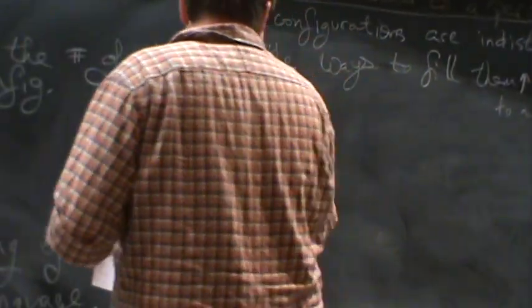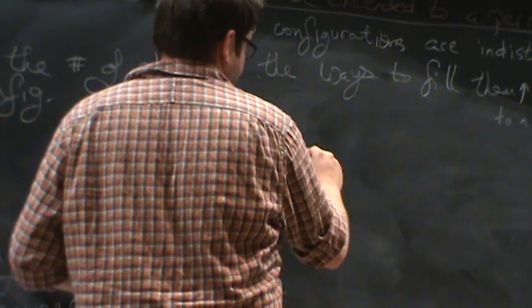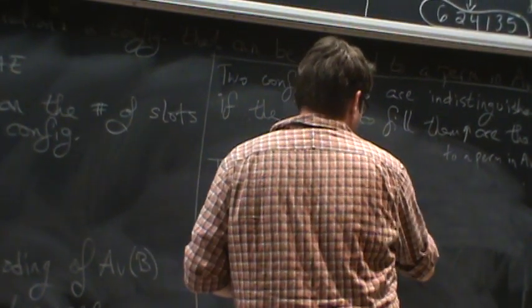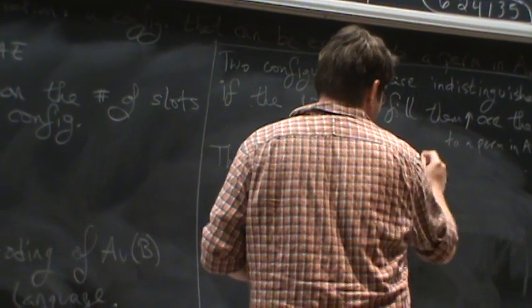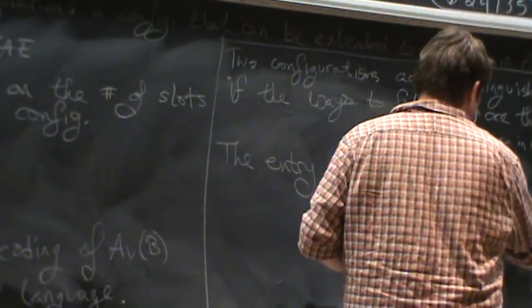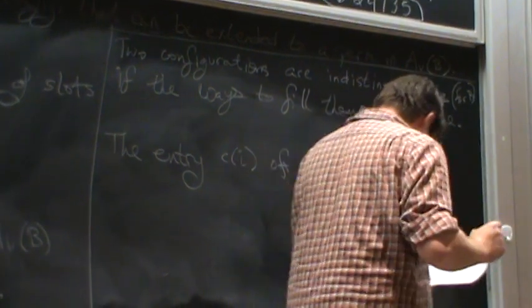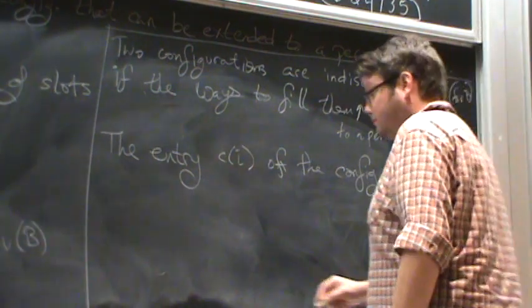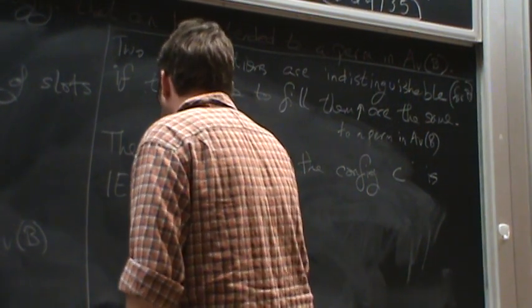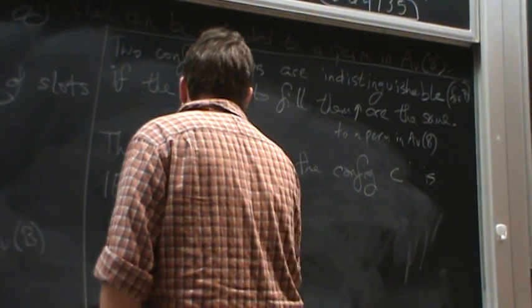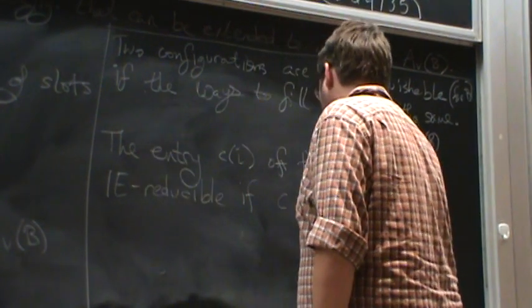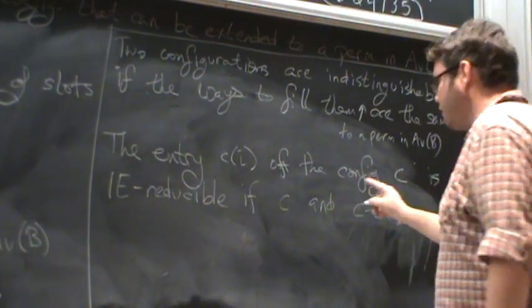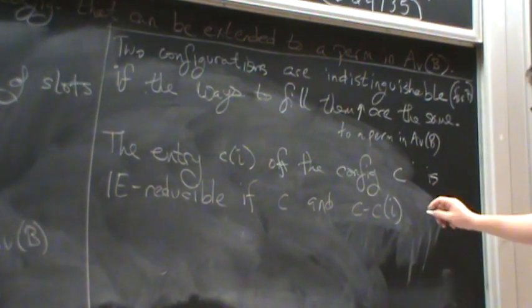So the entry C of I of the configuration C is IE reducible if C and C minus I are indistinguishable. And again, I should probably relabel this.